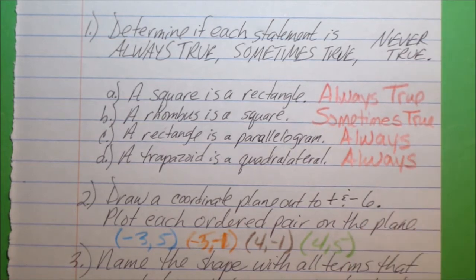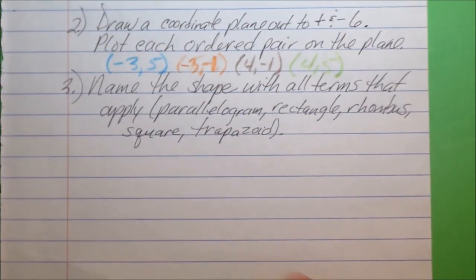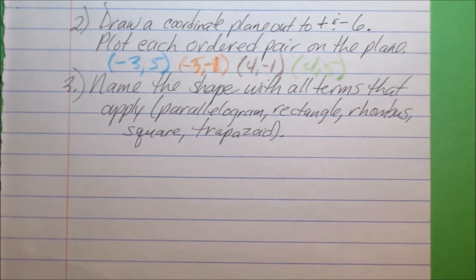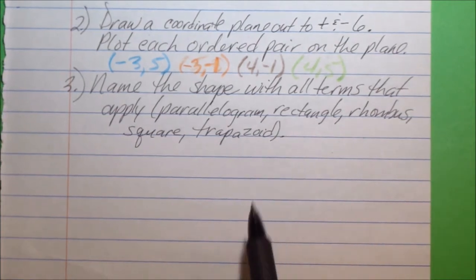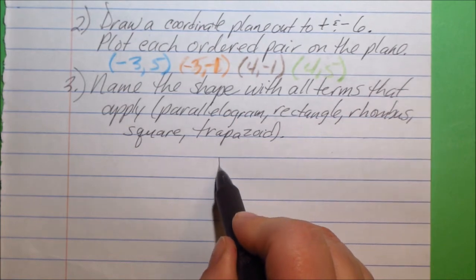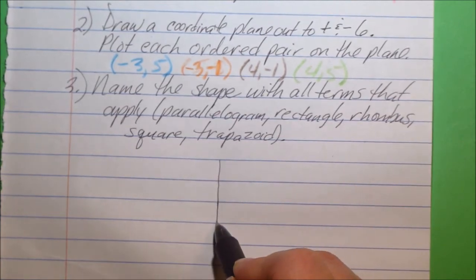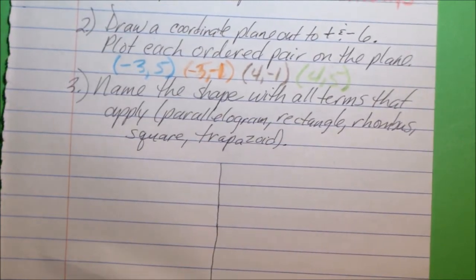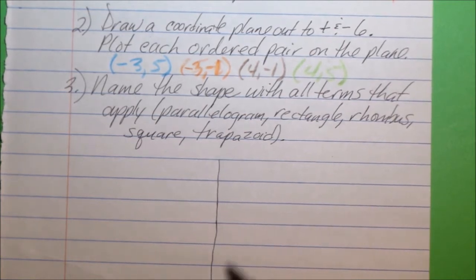All right. Okay, so let's draw out our coordinate plane. They said, let's see, +6 to -6. Okay, so that would be 1, 2, 3, and 1, 2, 3. A little bit further for my arrow.